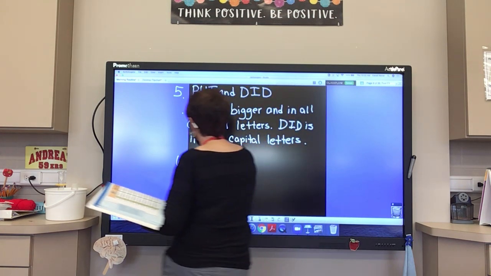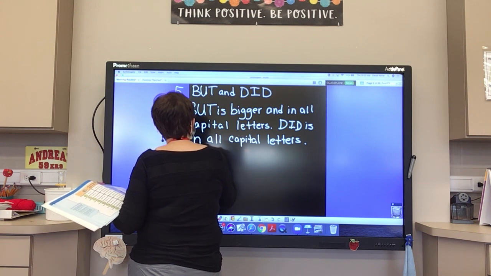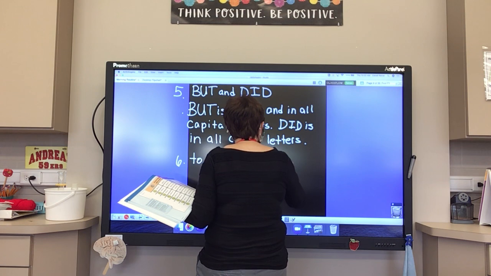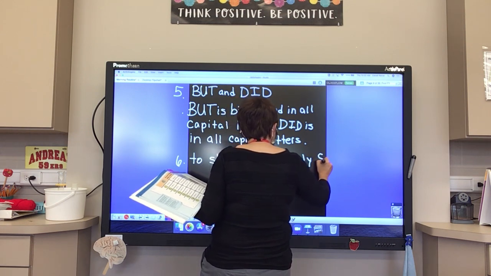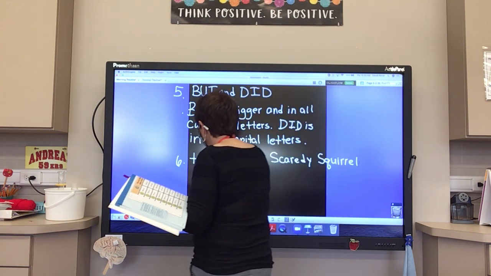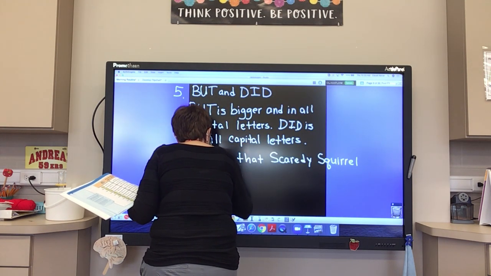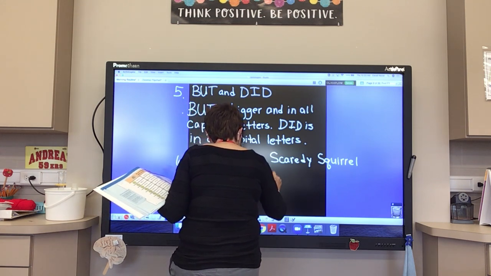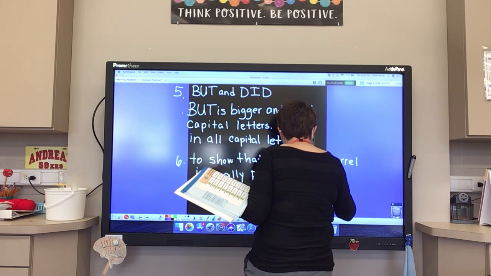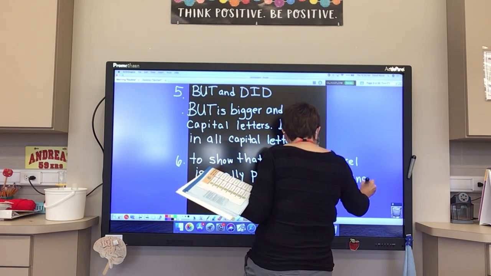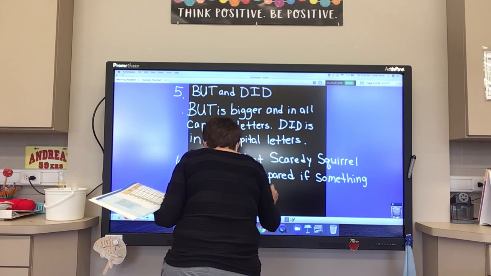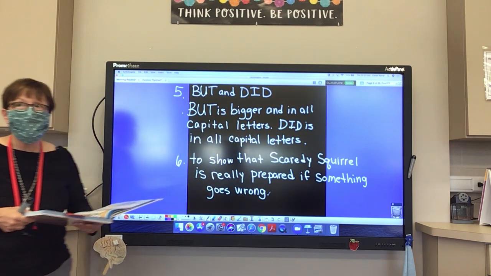To show that Scaredy Squirrel is really prepared if something goes wrong. So we're really seeing that he's prepared if something happens.